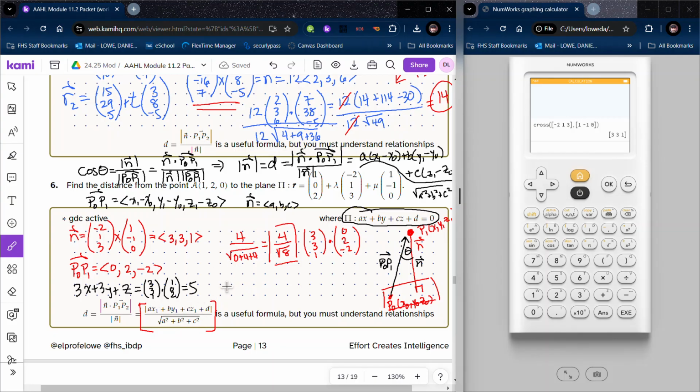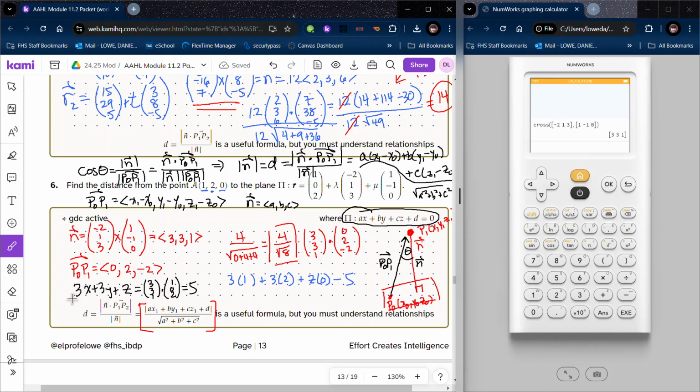So this formula says that distance is going to be given by 3 times 1, the point that's not on my plane, plus 3 times 2, the point that is not on my plane, plus 1 times 0, the point that is not on my plane, and then minus 5.